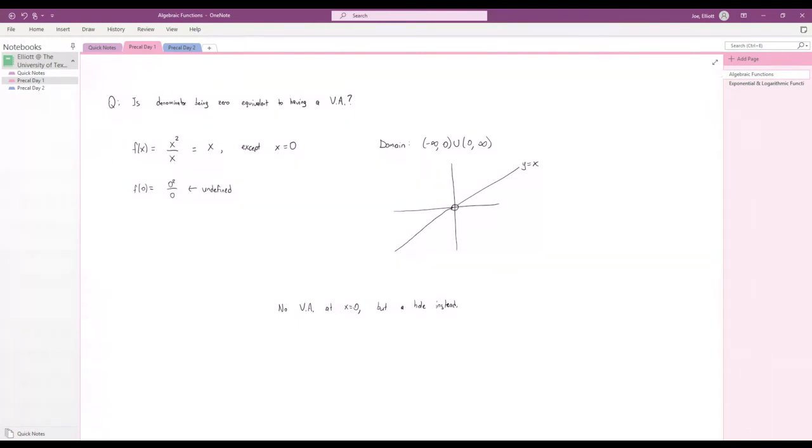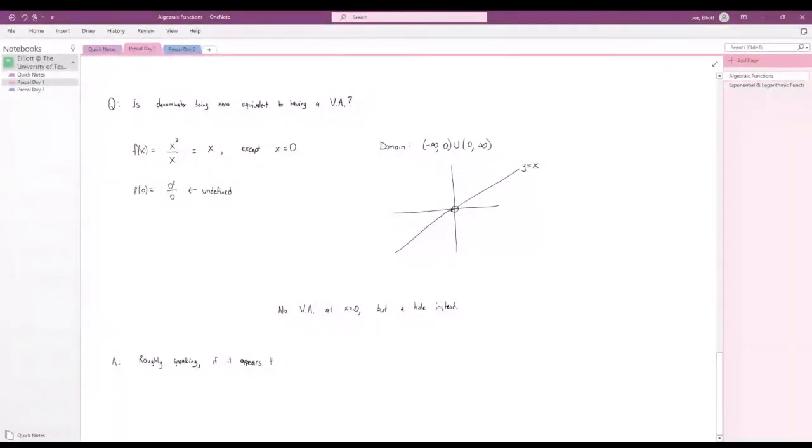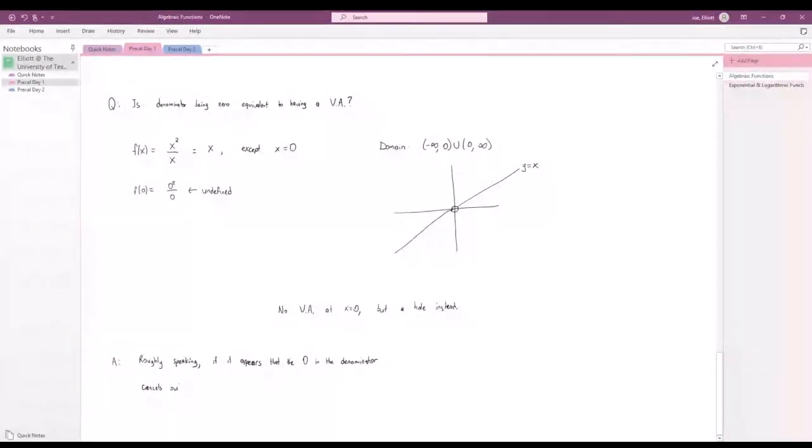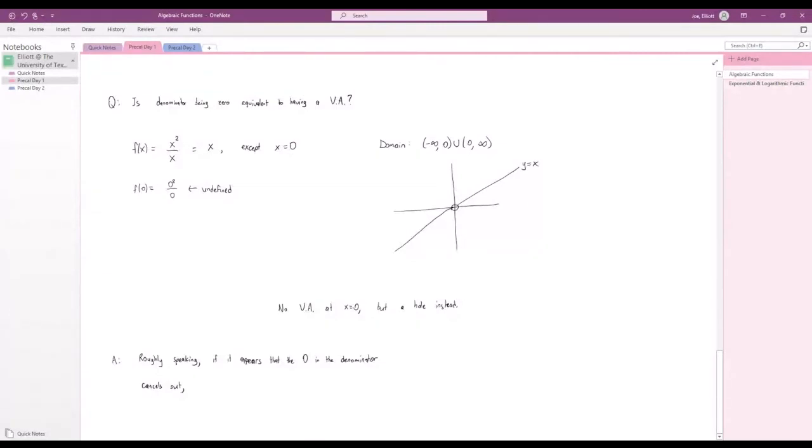Right now, to sort of answer the original question, just as a rough statement: if it appears that the 0 in the denominator cancels out, then you're not going to have a vertical asymptote, but rather you'll have something like a hole instead.